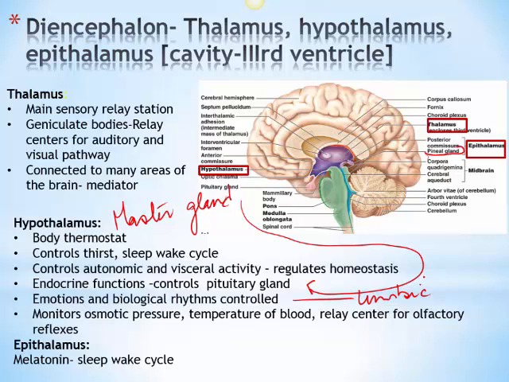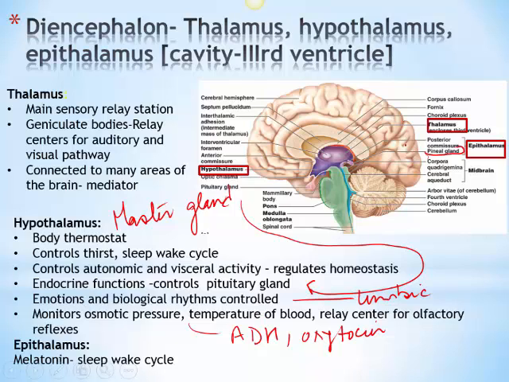It also monitors osmotic pressure because in the hypothalamus, as you will see when we do the endocrine system, two very important hormones are produced, called ADH and oxytocin. If the osmotic pressure rises too much, then ADH is secreted. It controls the temperature of blood, and it's a relay center for olfactory reflexes as well.